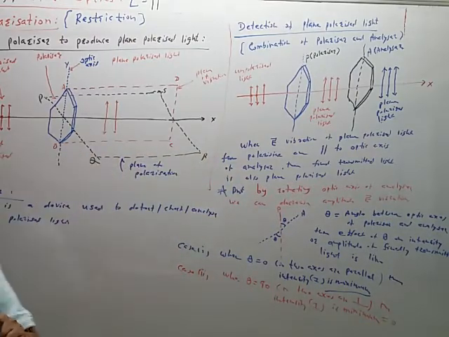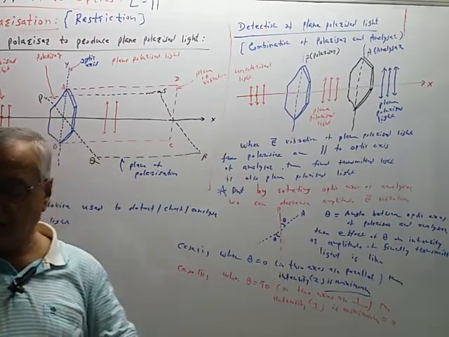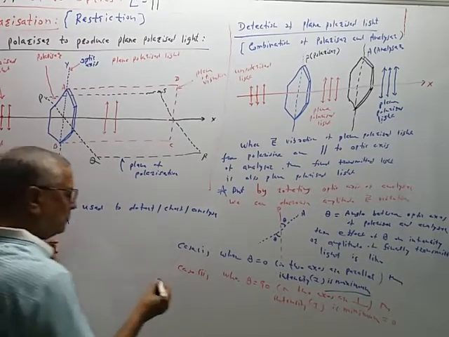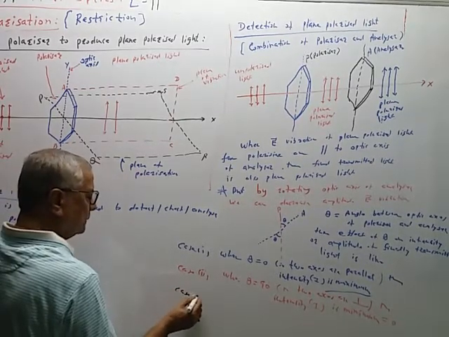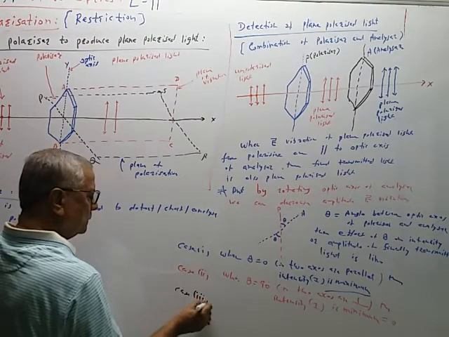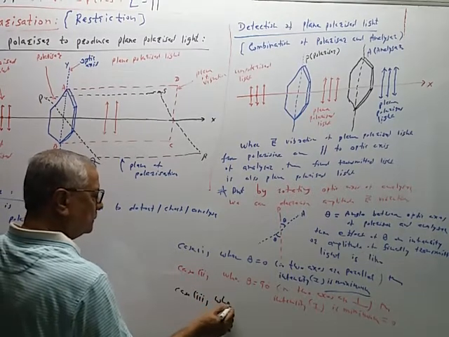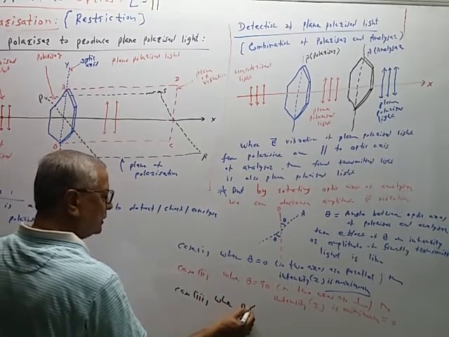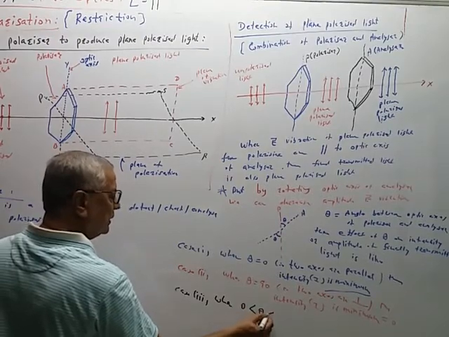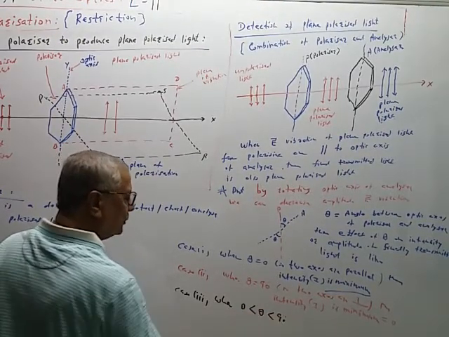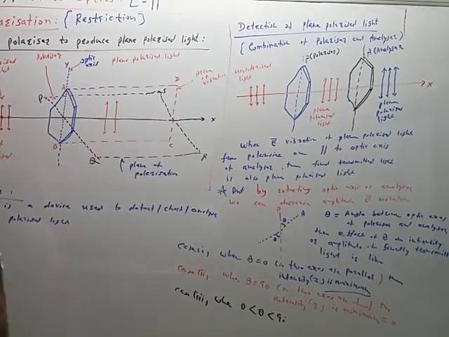And the third case is the trivial case. Case number 3: when theta is greater than 0 and less than 90 degree, not 0, not 90.